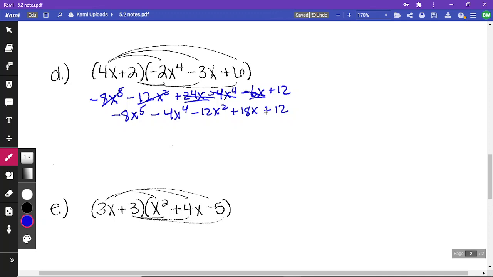I'm double checking this. I should have a 12x squared. Yeah. So I believe that's correct. So let's go on to the next one.